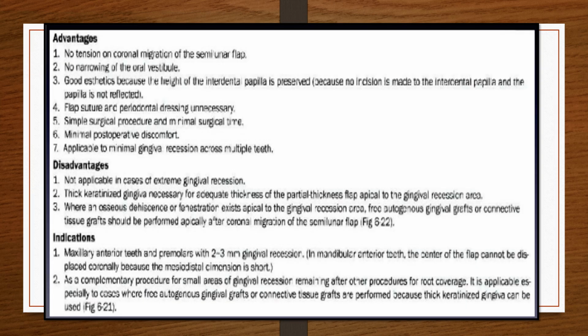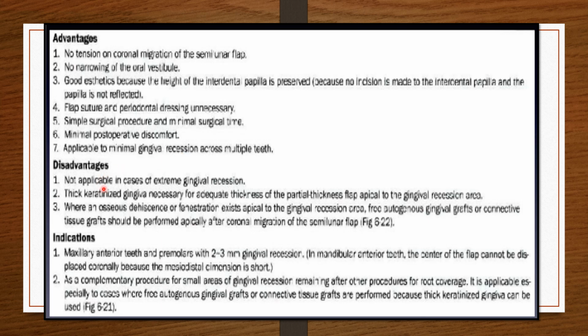No tension on coronal migration of the semilunar flap, no narrowing of the oral vestibule, and good aesthetics, because the height of the interdental papilla is preserved, as no incision is made in the interdental areas. Also, flap suture and periodontal dressing are not necessary. That is also more comfortable, right? It is a simple surgical procedure with minimal surgical time and minimal post-operative discomfort, applicable to minimal gingival recession across multiple teeth.